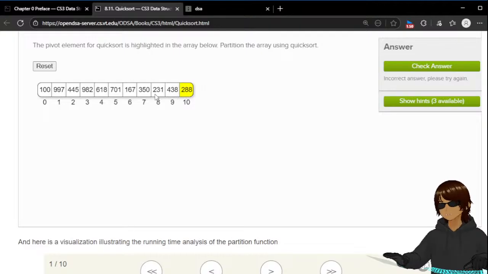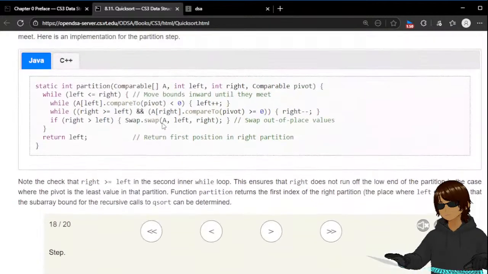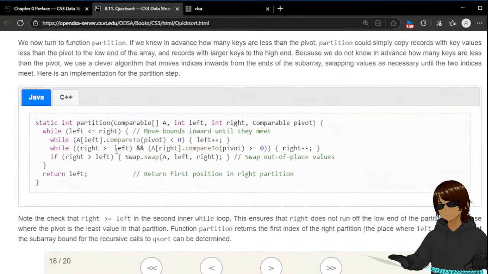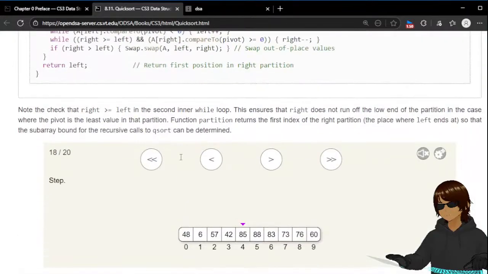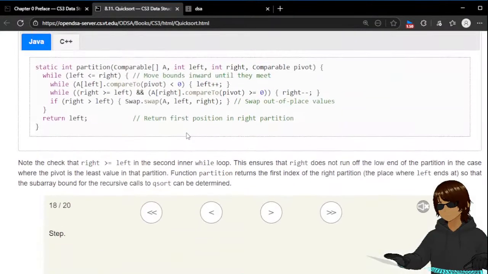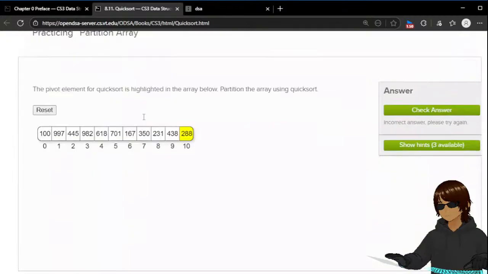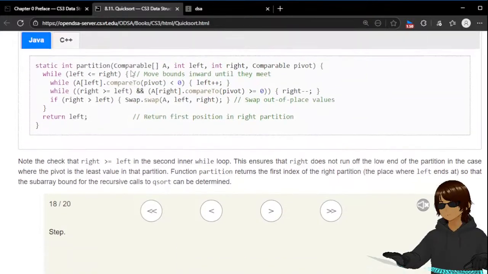So we increment. We are left with 231. And if right is more than left, then swap the left and right. Yeah. No. Right is more than the left.